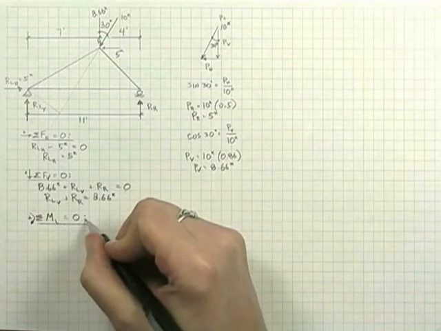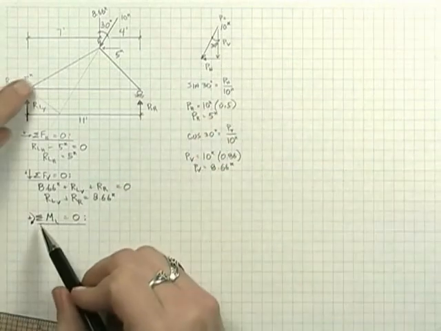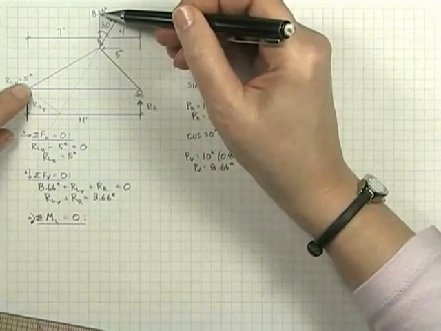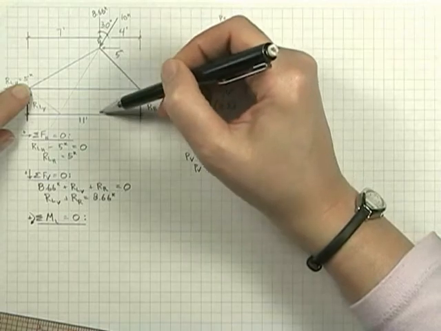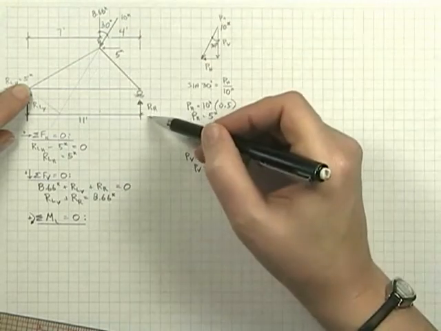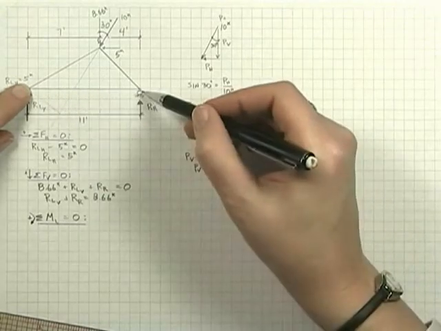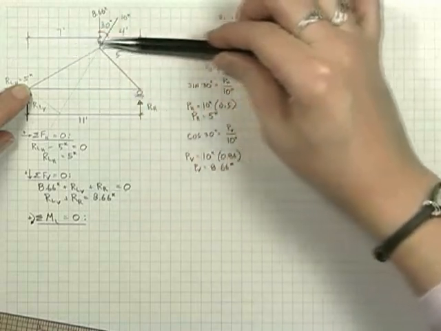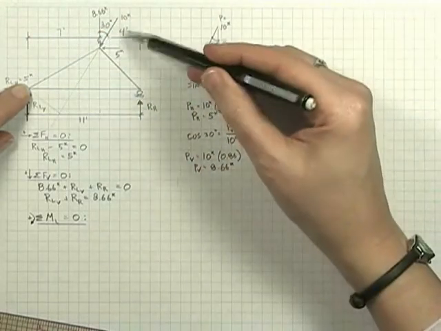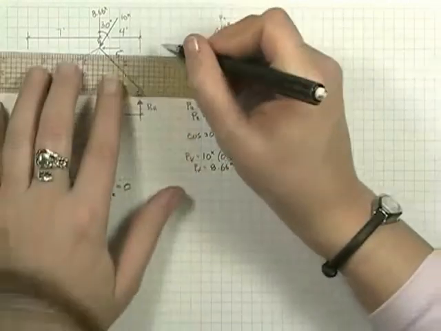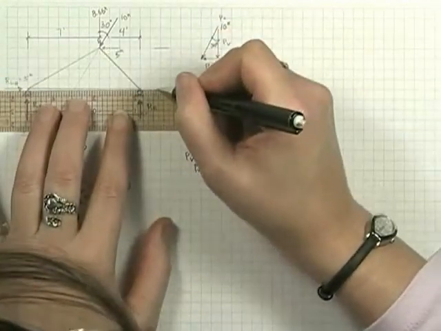What that means is that with respect to the left-hand end, we now have 3 forces that rotate about that end, not just 2. We have the 8.66 force, moment arm is 7 feet. We have, again, the right-hand reaction with a moment arm of 11 feet. But we also have the 5 kips, the horizontal component of the 10 kip inclined force, and its distance, didn't mark it on here, is 4 feet.